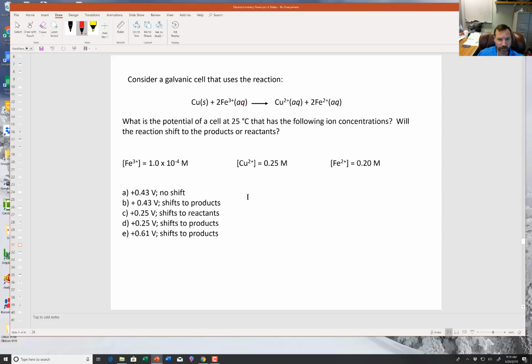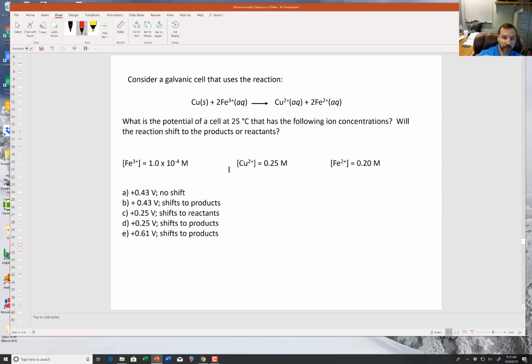We have a cell where we have these observed concentrations. Let's say we start with these concentrations of ions that we put in our cell. And so we can then determine the non-standard cell potential of this galvanic cell using our Nernst equation.